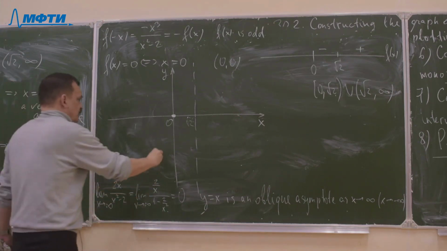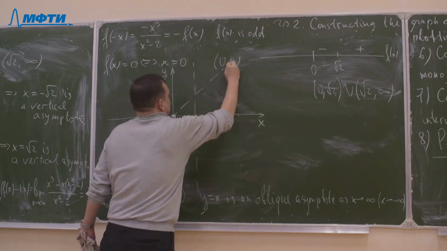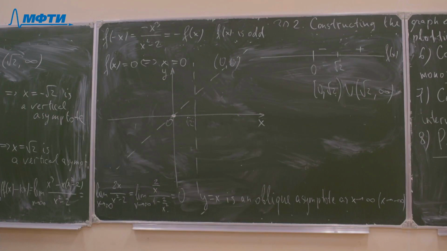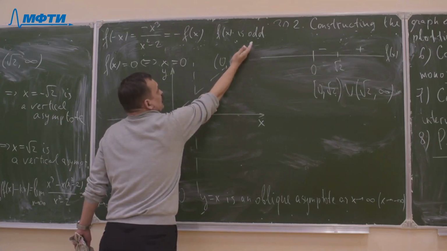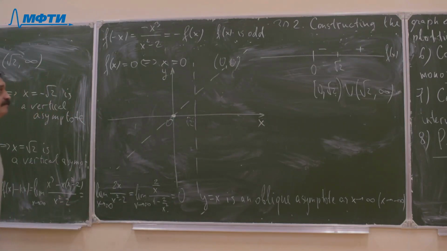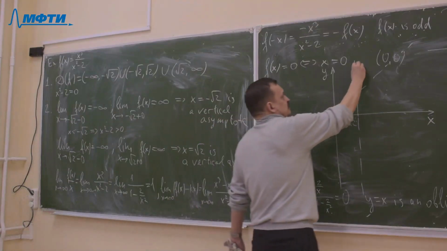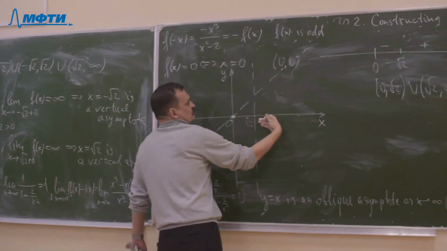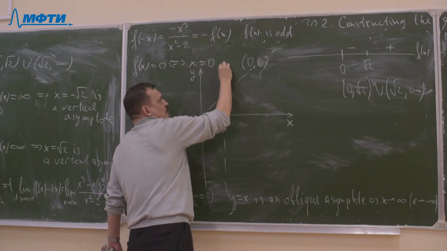We know the oblique asymptote, y equals x. So the graph should approximate the line y equals x as x tends to plus infinity, right? And also we know that when x tends to square root of 2 plus 0, f of x tends to plus infinity. So when x approaches the square root of 2 from the right hand side, f of x approaches plus infinity, right?